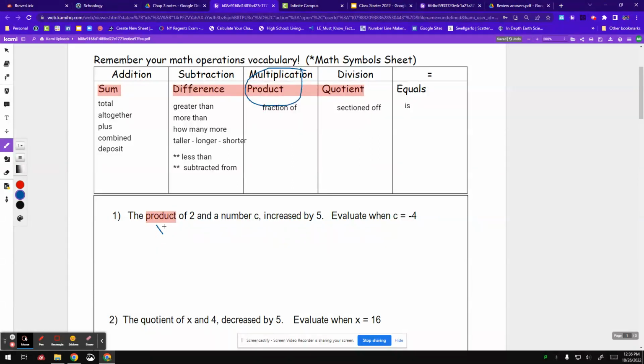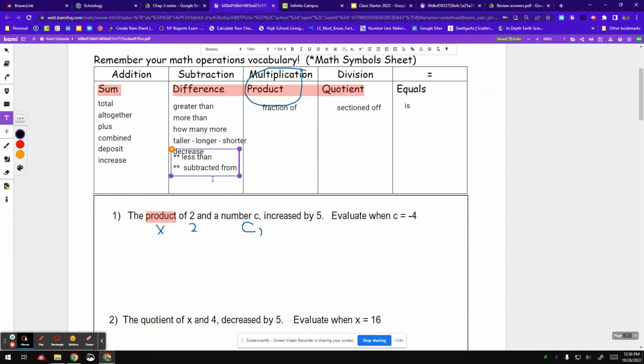Multiply. What are we going to multiply? We're going to multiply 2 and some number we don't know. We're going to call it C. And then we're going to increase. Ooh, there's an addition word that I didn't have. We're going to increase, which makes me remember here, decrease.